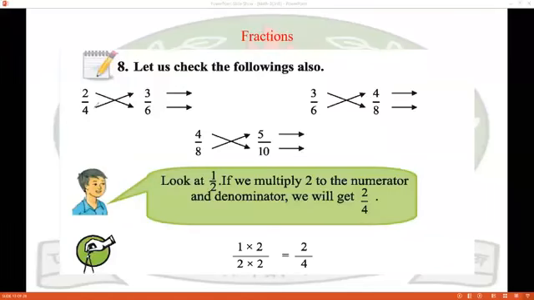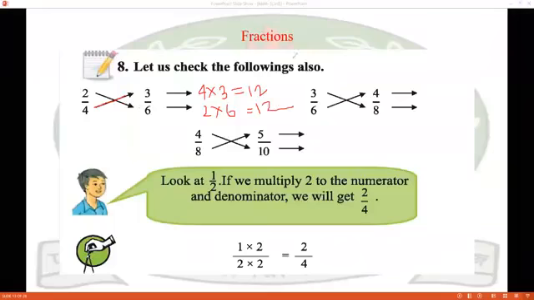At first we multiply 4 into 3, we get 12. Then 2 into 6, we also get 12.